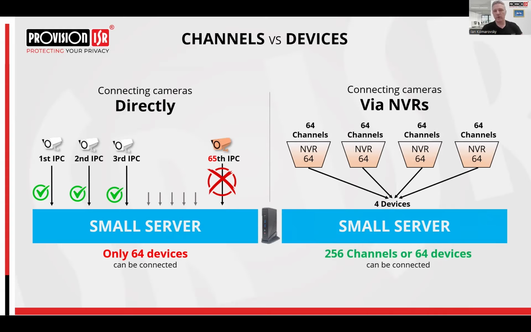So in total, you are capable of getting up to 256 channels or 64 devices. In this case, you're using only 4 devices. So basically, you are getting to this maximum amount of channels or cameras, and it's okay. This server can handle it. It's all about whether you're connecting it directly, and in this case, it's a device, or you're connecting it after an NVR. In this case, it becomes a channel.